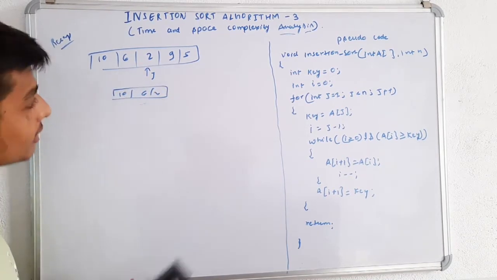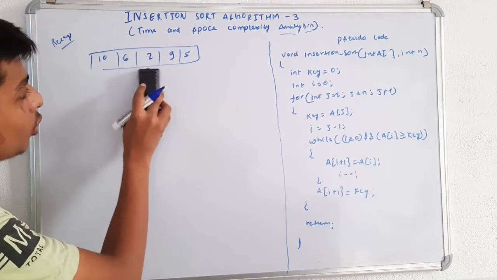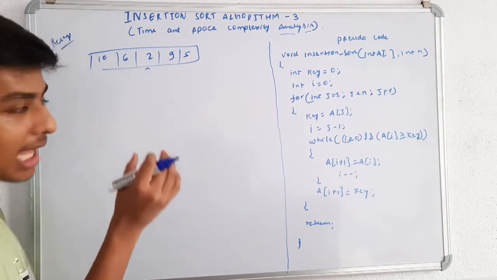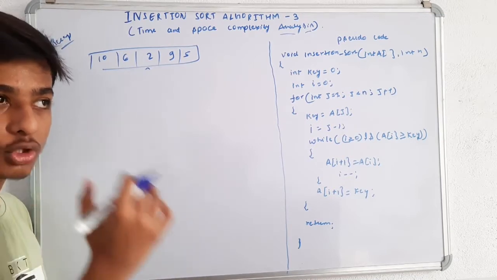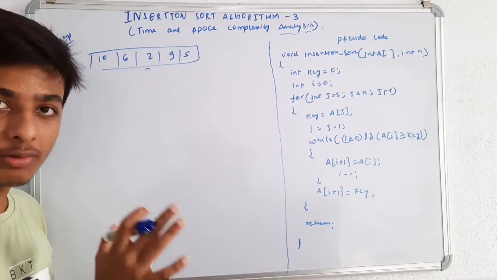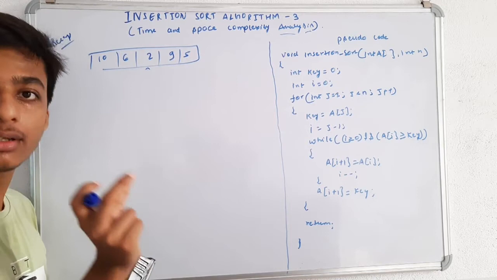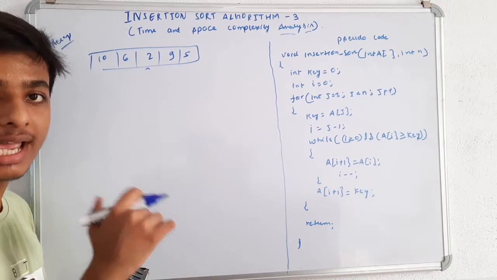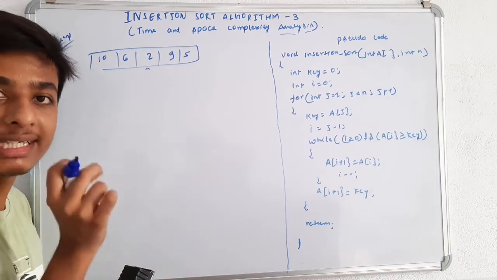The insertion sort algorithm goes like this: you have an array of size n, and to sort it, the algorithm divides the array into subarrays of size 1, size 2, size 3, up to size n, and sorts each subarray.